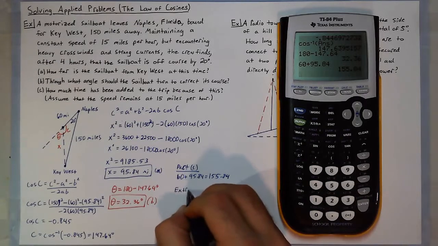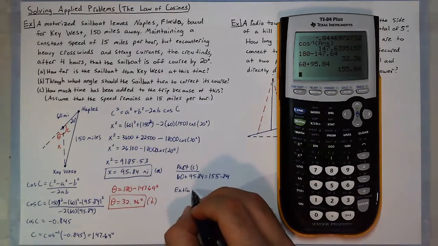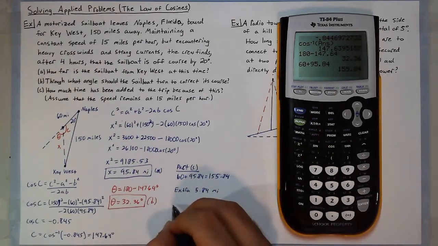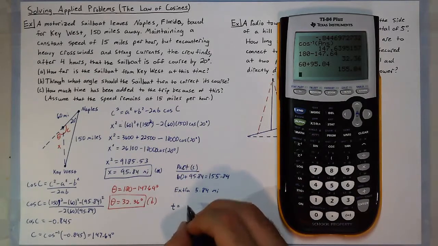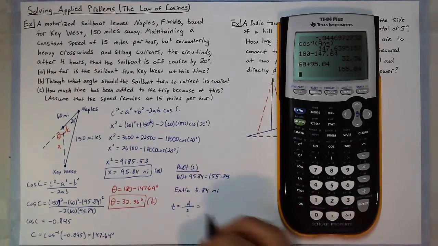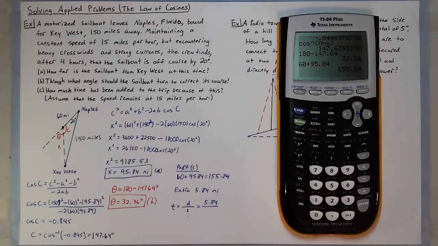So how long is that going to take them if they maintain the same speed of 15 miles per hour? So the extra 5.84 miles. And again, the time it would take would be the distance they're traveling over the speed they're traveling, which would be 5.84 miles over the 15 miles per hour.